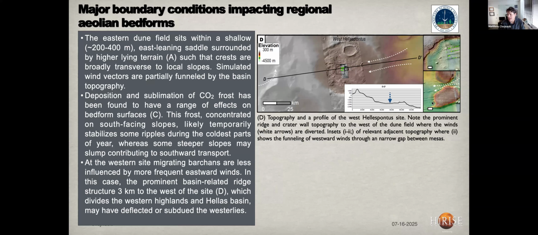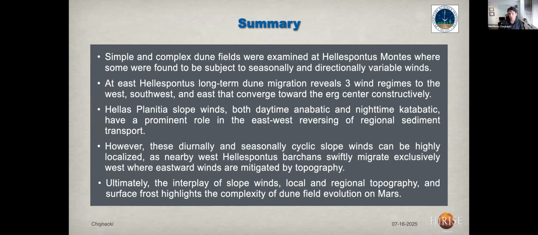Meanwhile, you've got these mesas in subplot 2 that show you can have some funneling of winds that really focus the winds between the mesas and create those long linear dunes and barchans that all migrate in one direction.